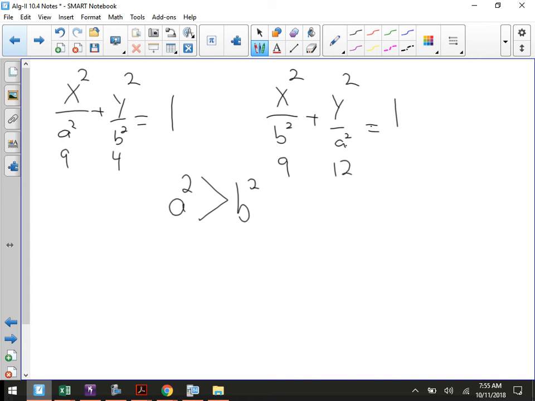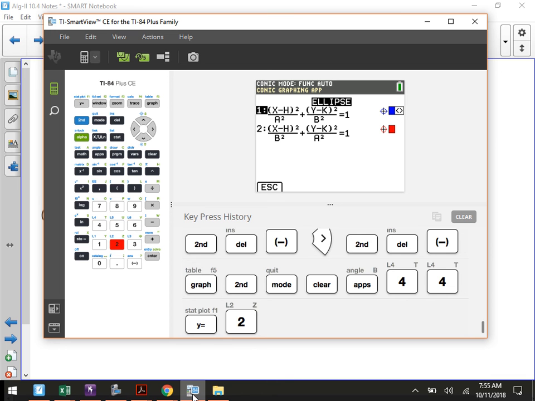So what happens here is you get stretched one direction versus the other. By understanding where your a value is, which one is the a squared term, which one is larger, it shows you which way things are stretched. And I think we talked a little bit about this on Tuesday when I showed you guys that apps button in the calculator.